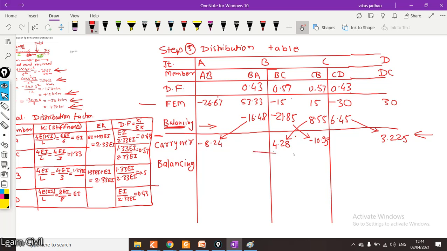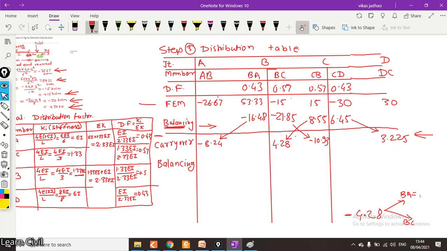So at this joint B we will be having an unbalanced moment of 4.28. So what we will be doing, we will be applying a balancing moment of minus 4.28 at this joint B, and this minus 4.28 moment will be distributed among BA and BC in terms of their distribution factor.